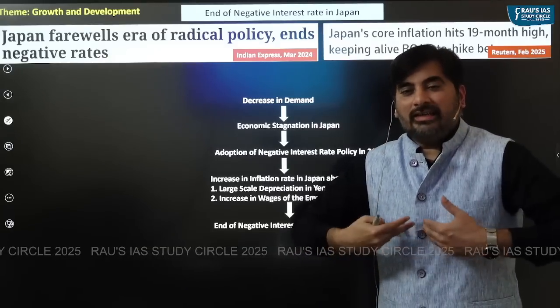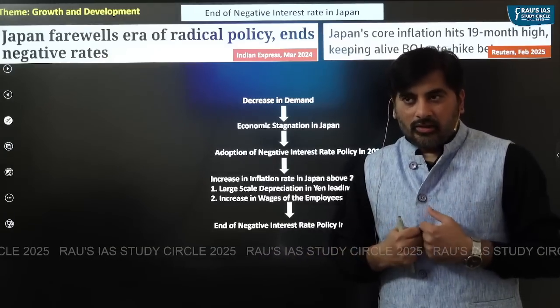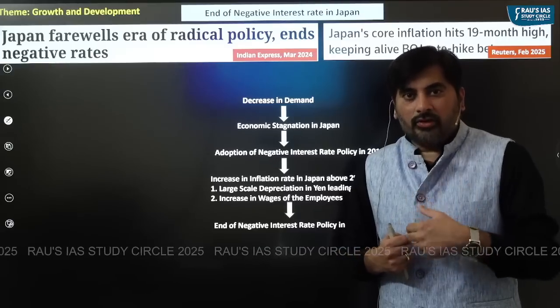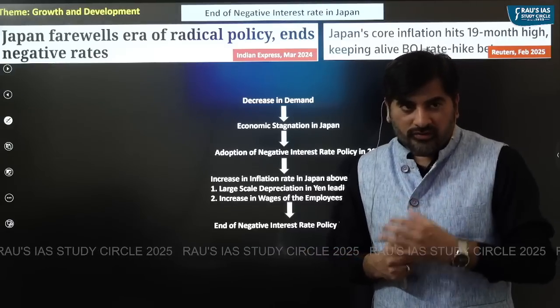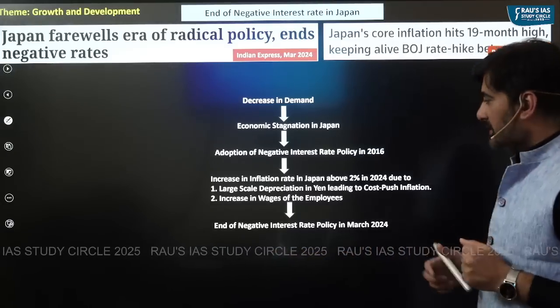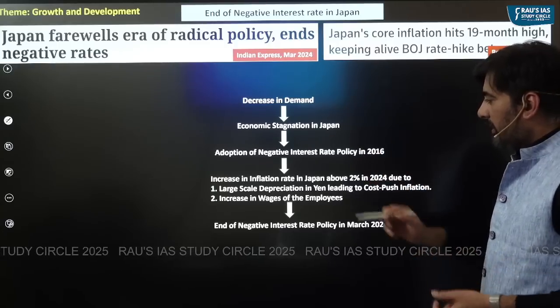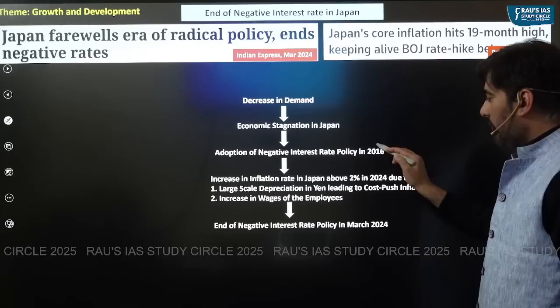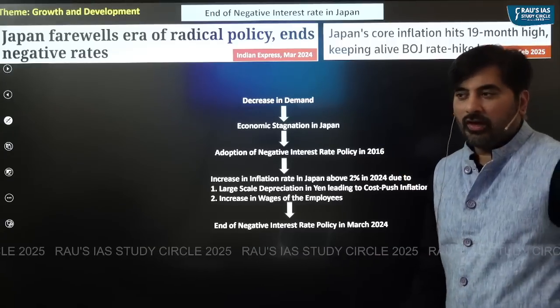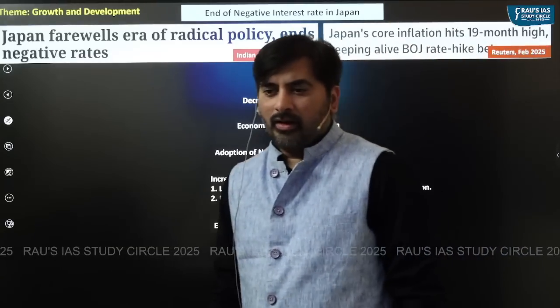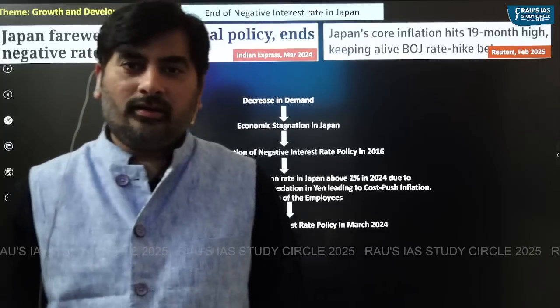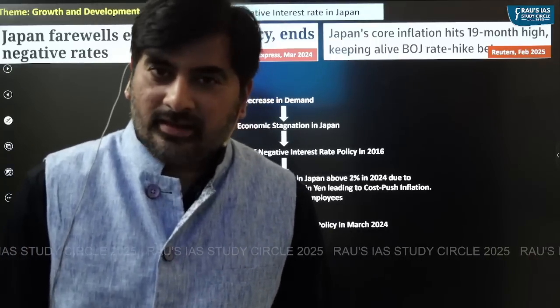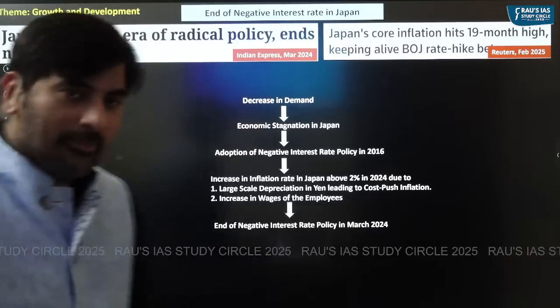So to increase the demand, to encourage the banks to give more loans to the public, the Japanese central bank adopted a negative interest rate policy in the year 2016. What is this negative interest rate policy? Let's understand through a simple example.